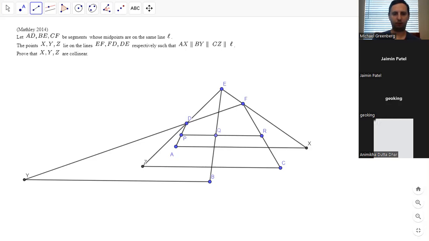What cross ratios would I want to show are equal? I'm going to draw this. I almost feel like I want to add this point right here.